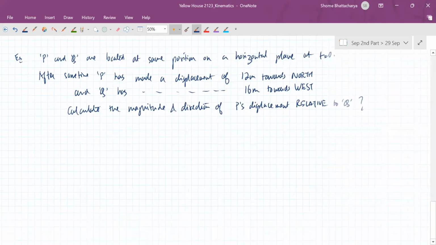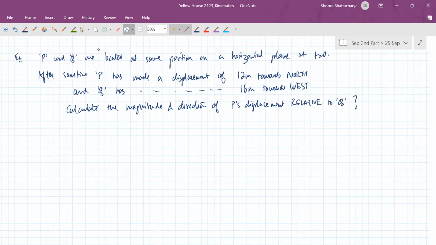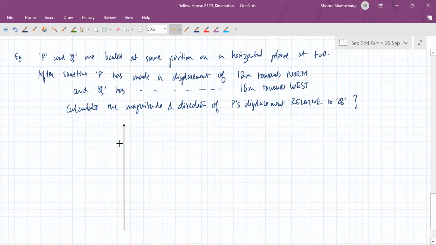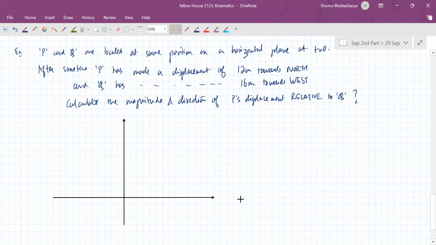In this kind of situation, it is better to start with a geometrical picture. So let's say we take the origin as the initial position of P and Q, and our x-axis is in the west to east direction, and our y-axis is south to north.